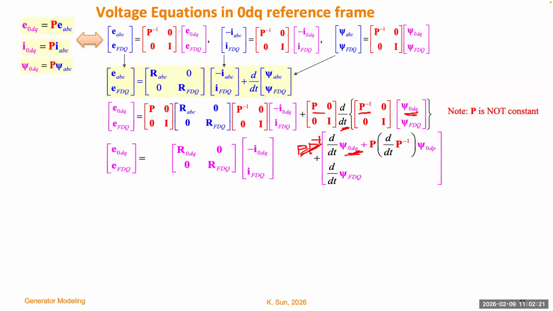So this one will be canceled. So this is one item. And the second item is where we treat this P inverse as constant, so the first order derivative will be applied to the P inverse. So next we will figure out what this one is.